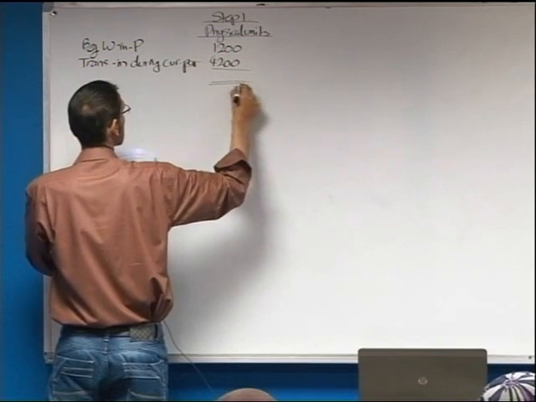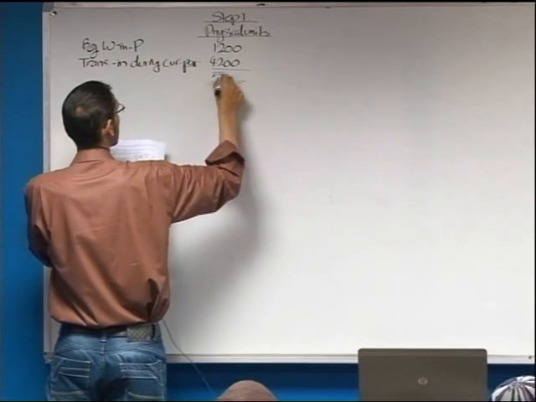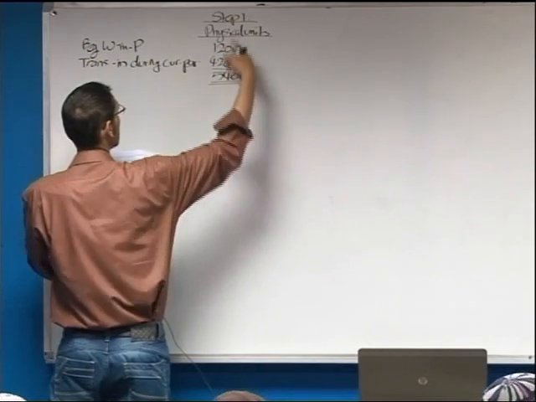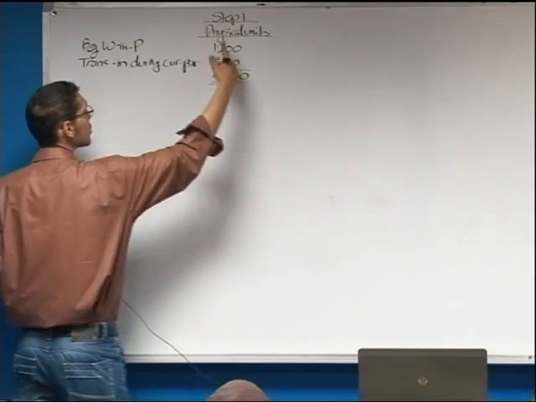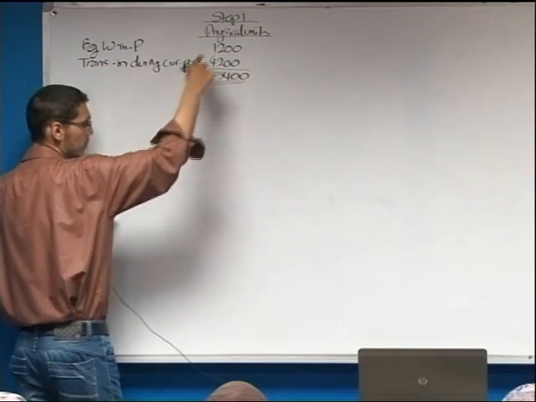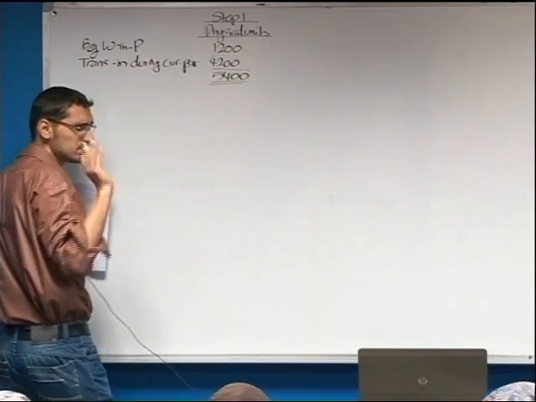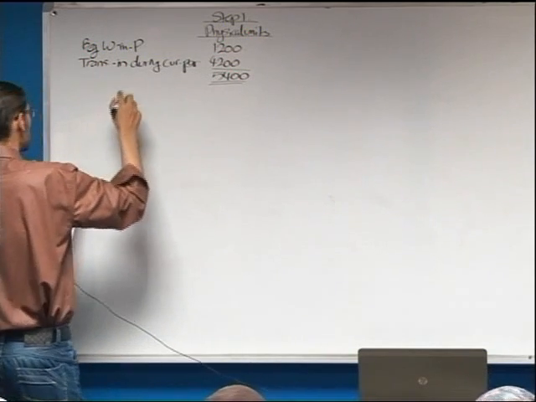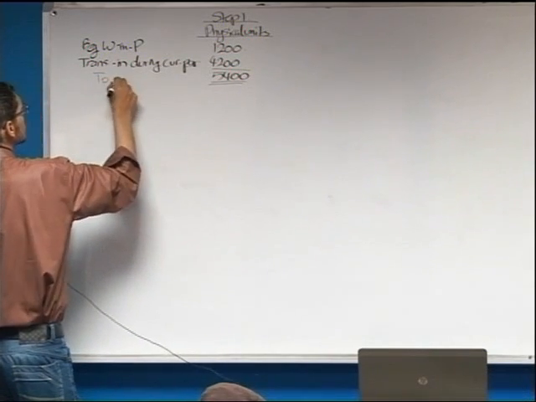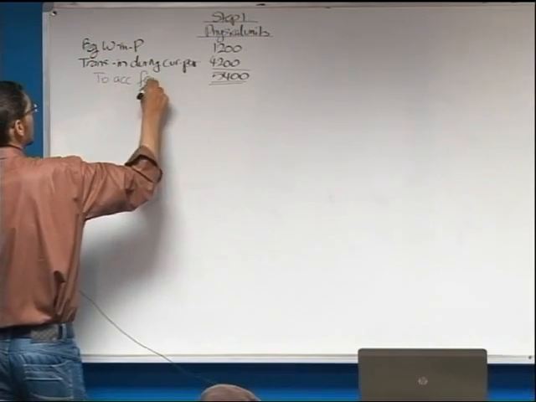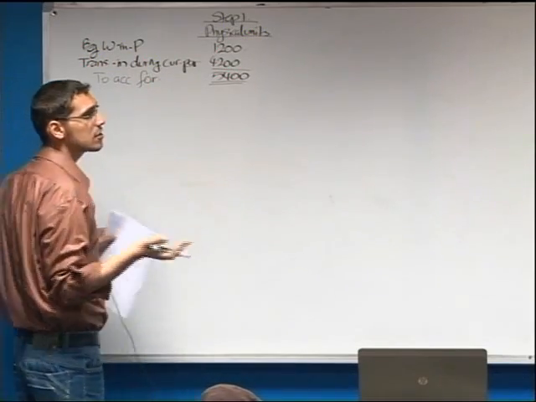Therefore, the total units to account for 5,400. As we can see, this answers the first question, and it is not different from the weighted average method. Therefore, this is the total units to account for.